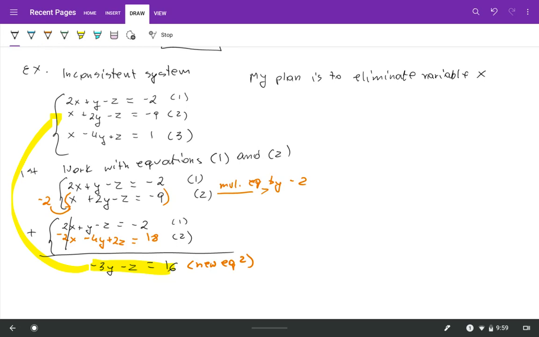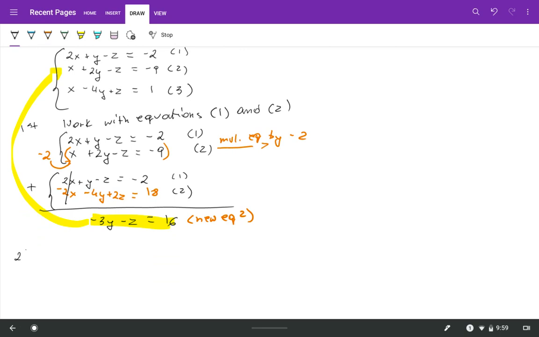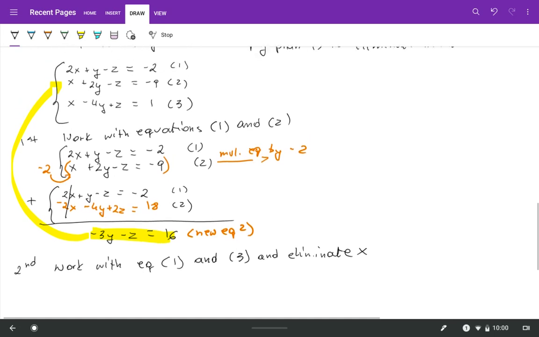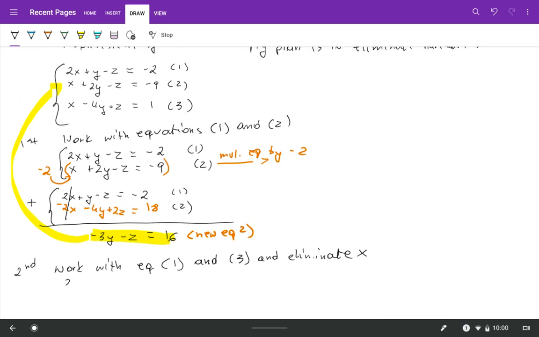So next, step 2, work with equations 1 and 3, and the same thing, eliminate x. Equation 1 is 2x plus y minus z equal negative 2.